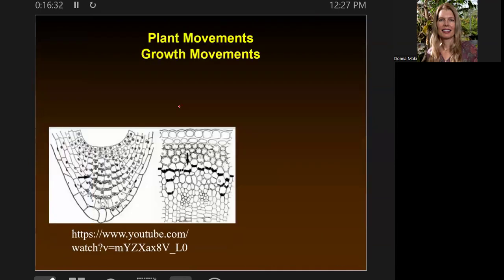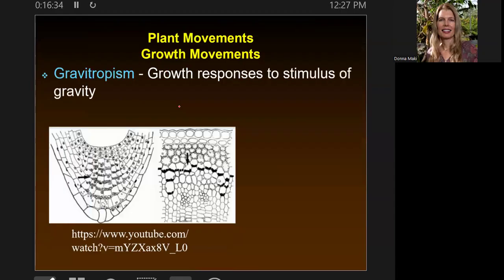So here you're looking at root tissue and gravitropism, this idea of the roots want to grow in the direction of gravity because that's telling them that's their best option to get down into the soil, is to grow down toward gravity. Oh boy, there's been a lot of debate about how gravity is perceived by plants.